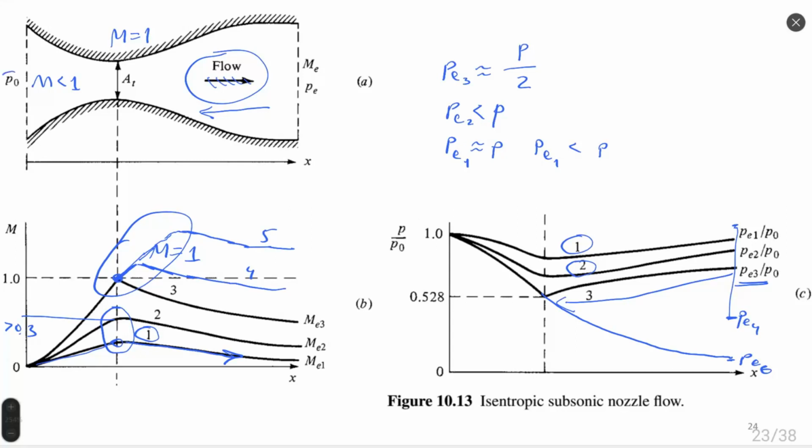But you already know what you need to have to exit with subsonic conditions, to decelerate. You need to have a significant pressure gradient that supports such flow. So you need to have a reverse pressure gradient, and then such flow can happen. Since flow is isentropic, it's reversible. It can go in one direction or the other direction. From a computational point of view, we do not have any difference in which direction flow is going. For us, what is important is the value of pressure and the value of Mach number.